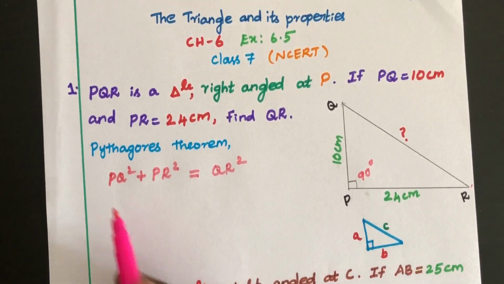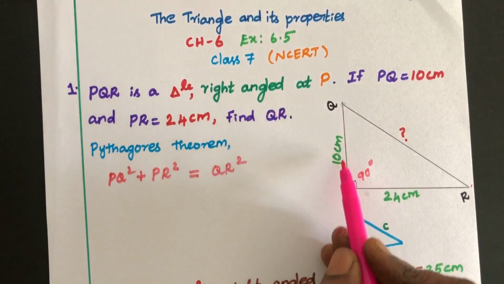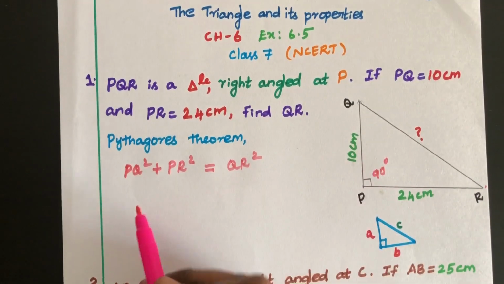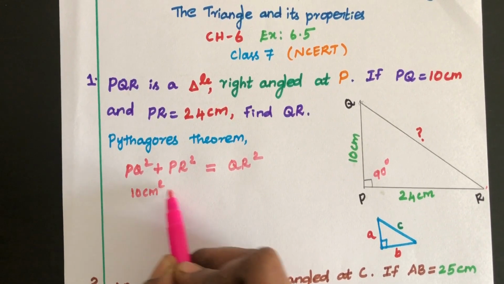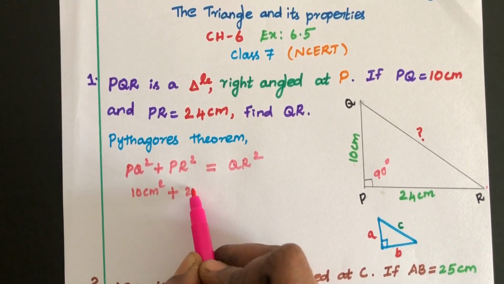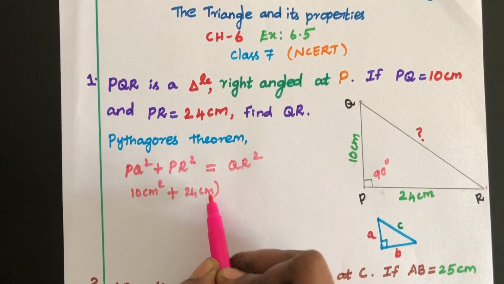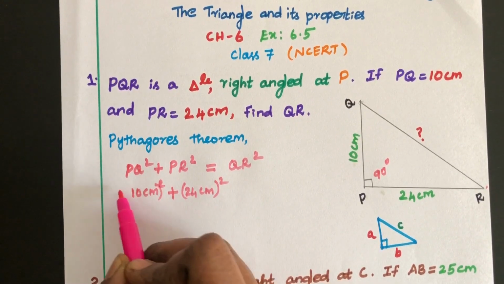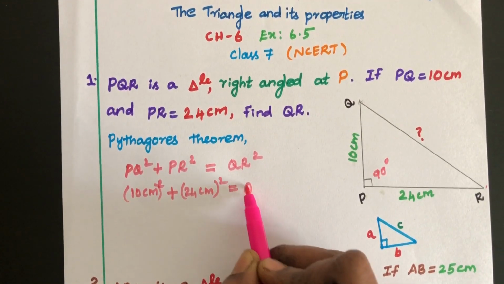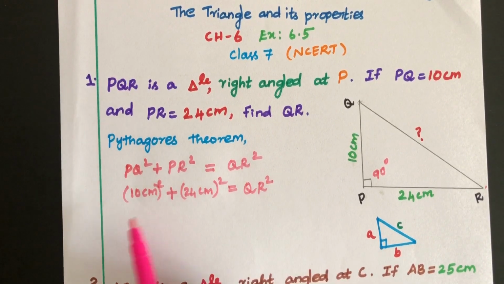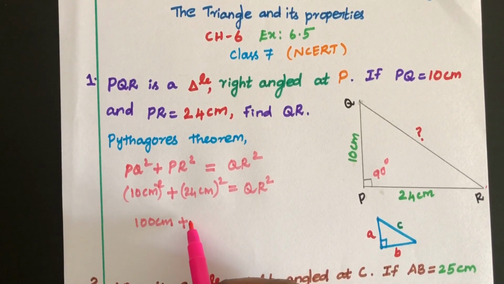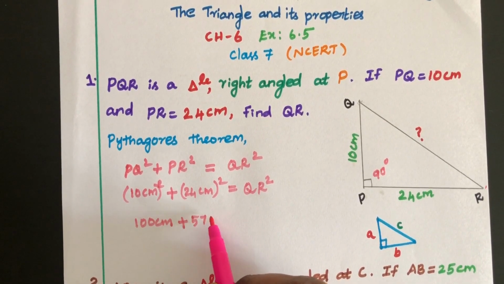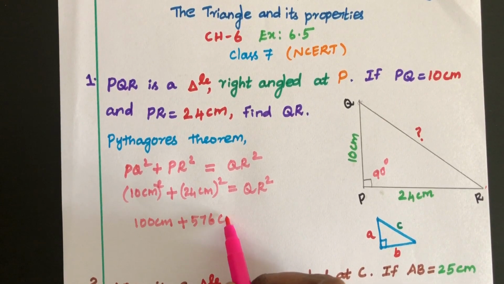So we are going to square it. What is PQ? 10 centimeter, right? So 10 centimeter square plus 24 centimeter square is equal to QR square. What is the value? 10 square is 100 centimeter square plus 24 square is 576 centimeter square.